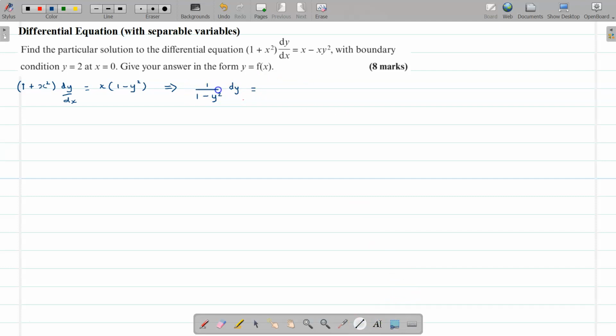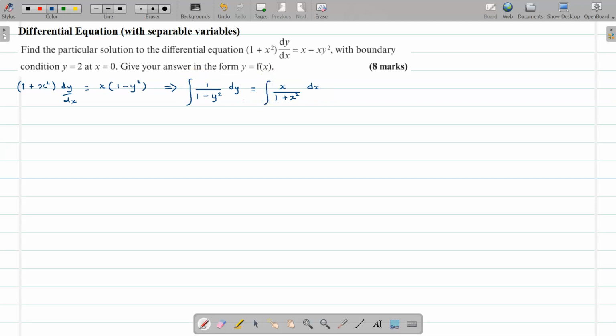But for now I'll just leave it like that, and on the other side I've got x over 1 plus x squared, dx. Those two statements just enable you to separate the two variables, but without the integral sign in front they don't mean a lot, but they do now.